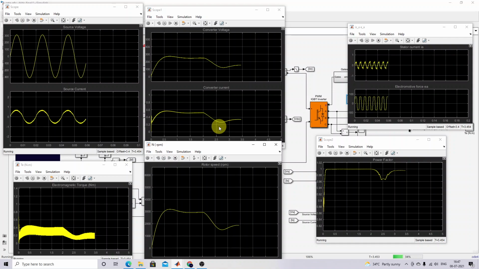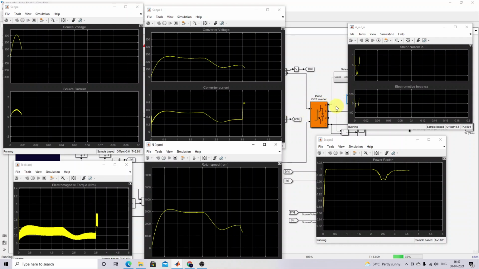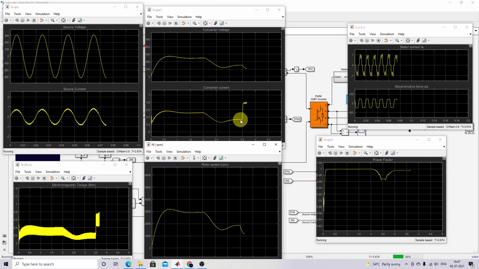So after 3.5 seconds the load is changed from 0 to 0.5 Newton meter. Because of changing the load in the BLDC motor, the current of the converter changes from nearly 0.3 amps to 0.8 amps.